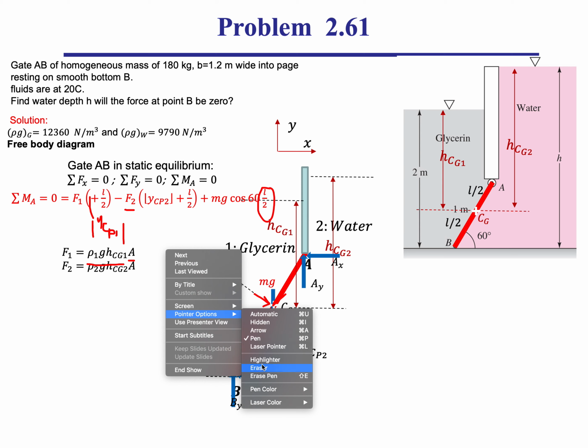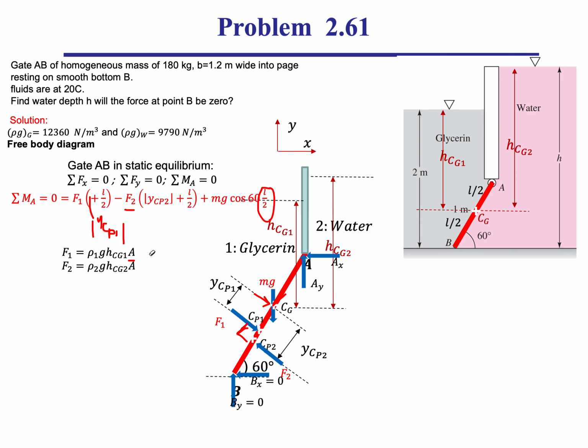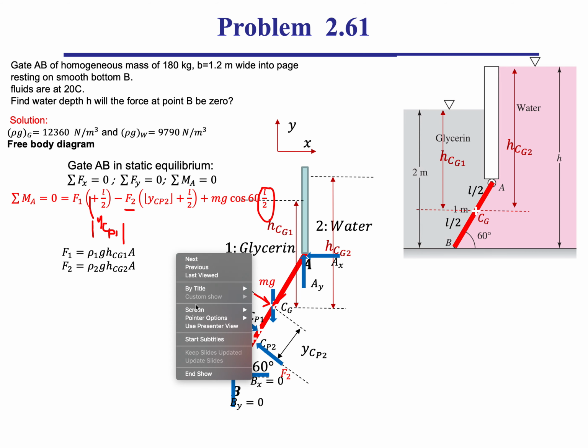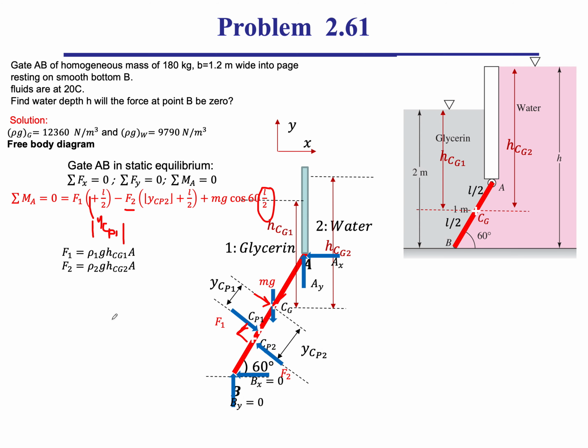And then we find the force F2 on the water side, which is the density of water multiplied by the depth of submersion of the center of the area multiplied by the area of the object. And then the YCP is just the formula we had before.